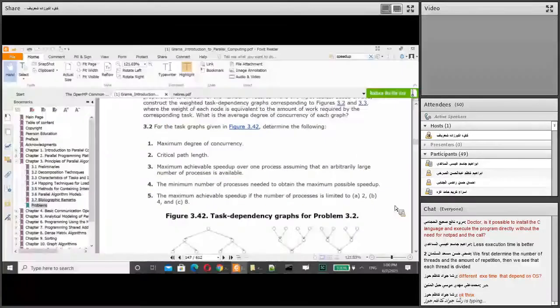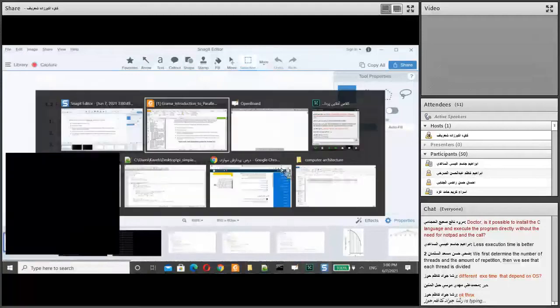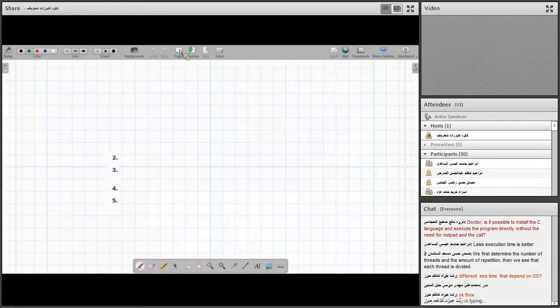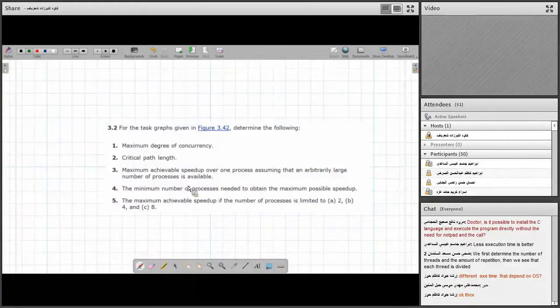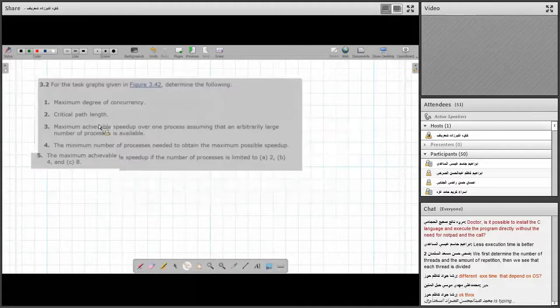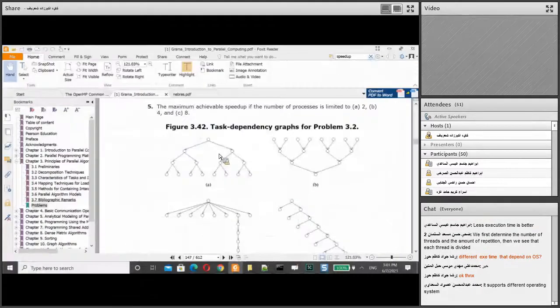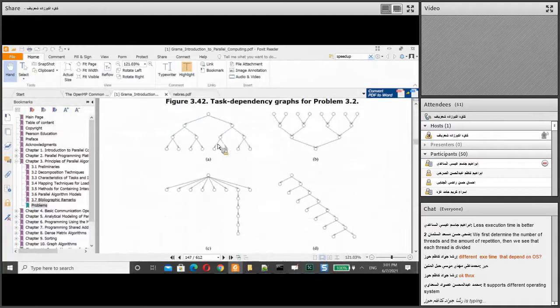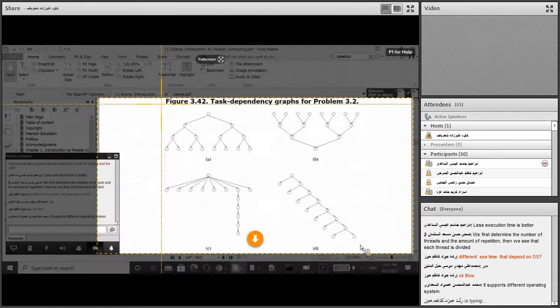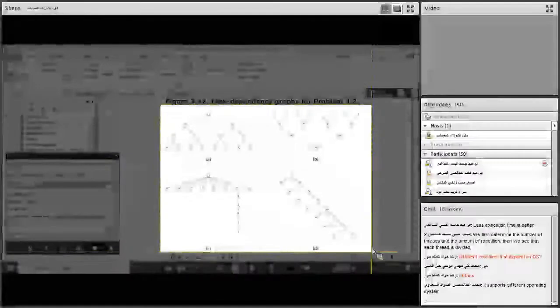This was our third homework, and these are the related figures.